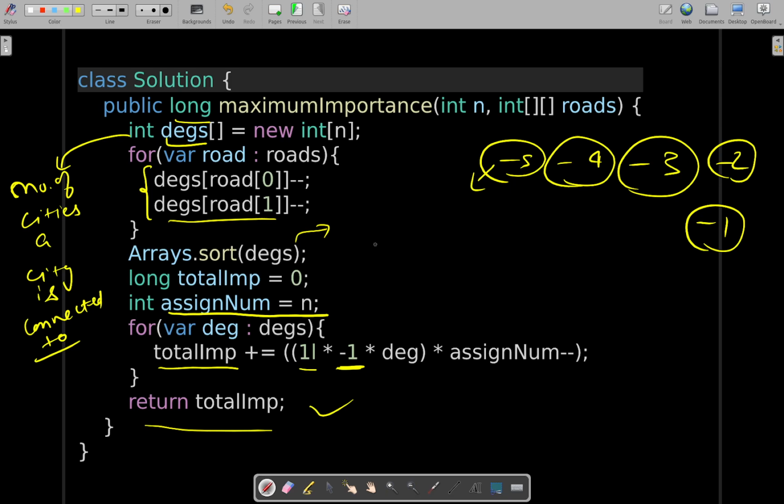So what will be the time complexity for this one? Time complexity wise, as you must have guessed, it is order of n only, where n is the size of this roads array. Okay, and space complexity wise, again it is order of n, because we are using this degree array.